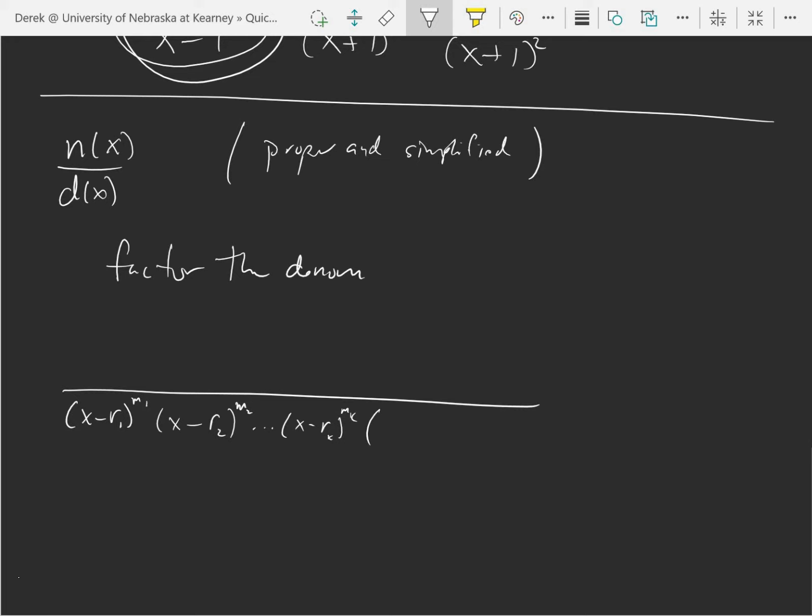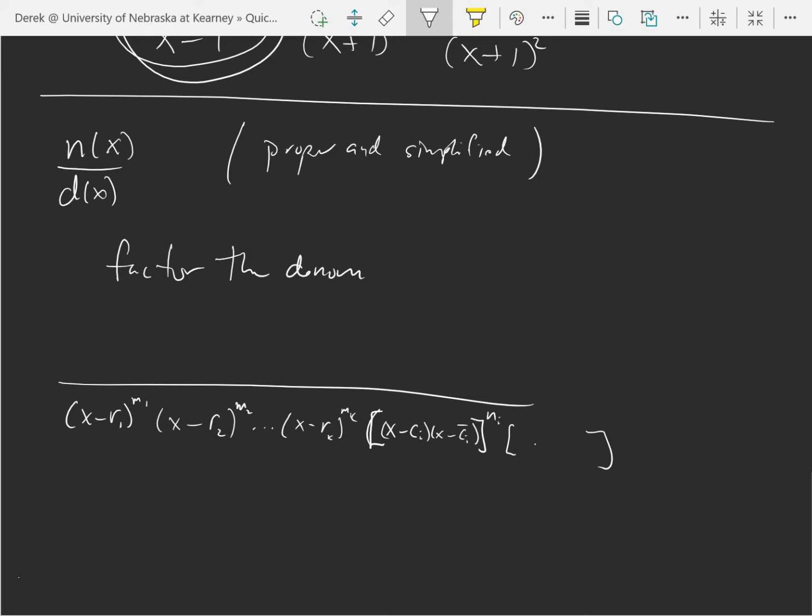And then I've got these other quadratic factors, which I'm going to write as x minus ci, x minus ci bar to their multiplicity. Let me call their multiplicities n's instead of m's. And we do that until I get all of them.